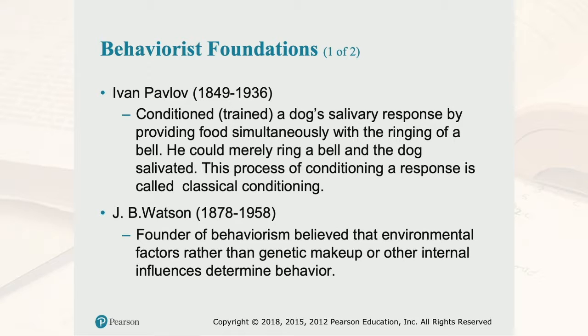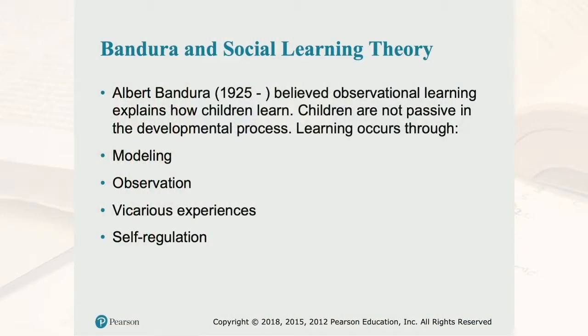J.B. Watson was another behavioralist, and his theory believed that environmental factors rather than genetic makeup or internal influences determined how people behaved. Bandura was another pioneer of theories, and he believed in a social learning theory. He believed that children learn through observation.